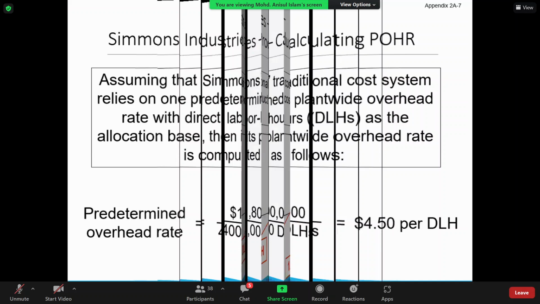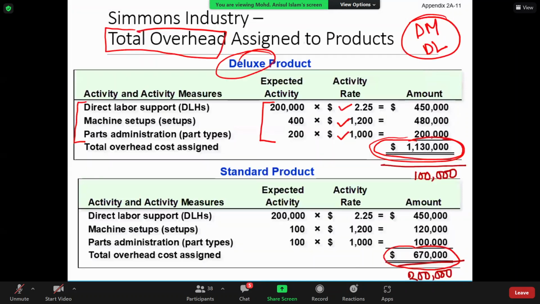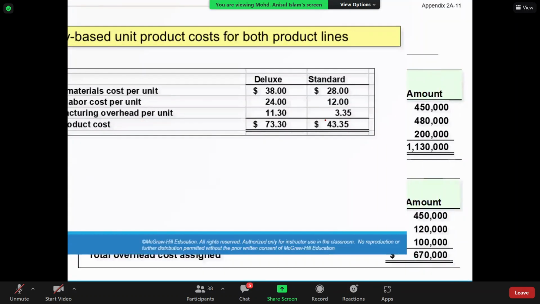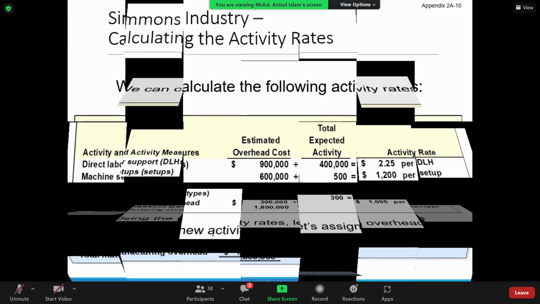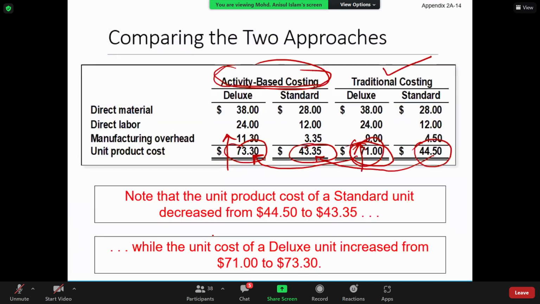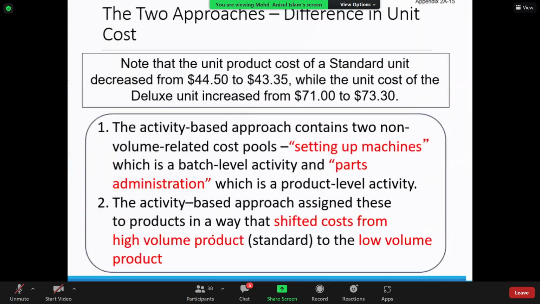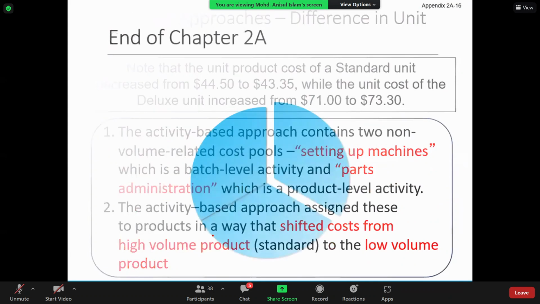In that case, you would not see the difference we are expecting, but the difference is happening because we are using different activity rates, which come from different types of activities, the setup activity and the assembling part activity, which are not connected to the volume of the products we are producing, or the broad activity base we are taking as an activity base.